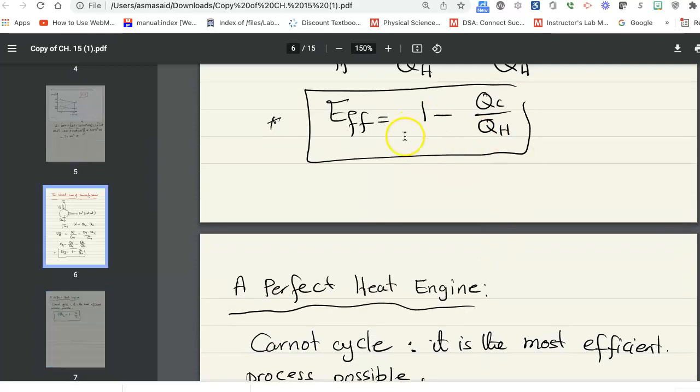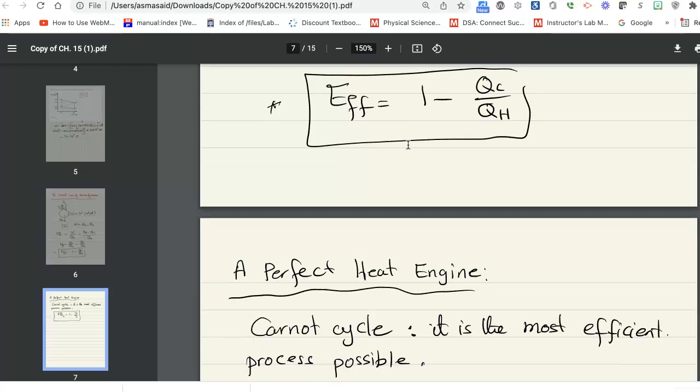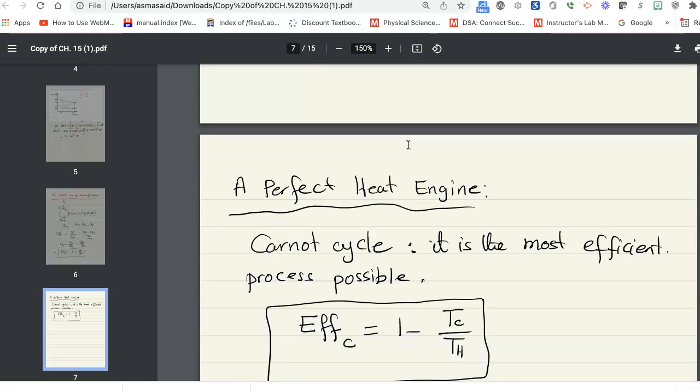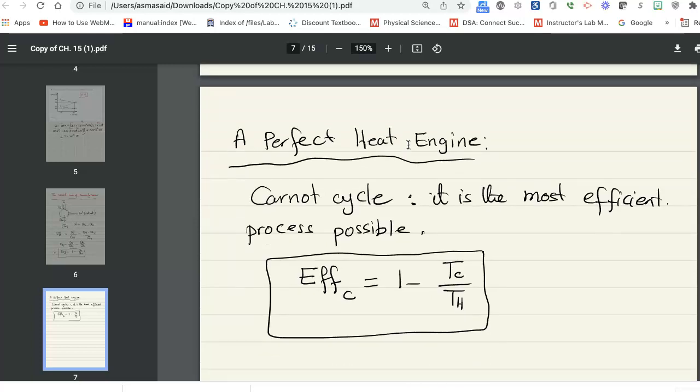Now, this is the engine that we find in everyday life, and its efficiency is very low. There is a scientist, Carnot, who was talking about a perfect heat engine, and that is the Carnot cycle, the most efficient process that can be done in a heat engine.